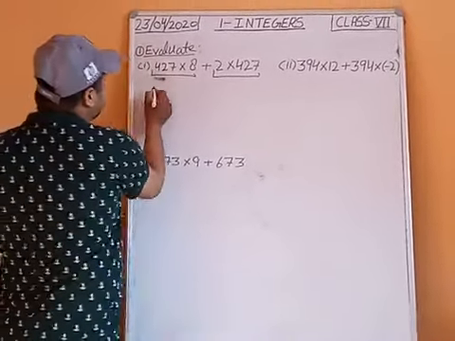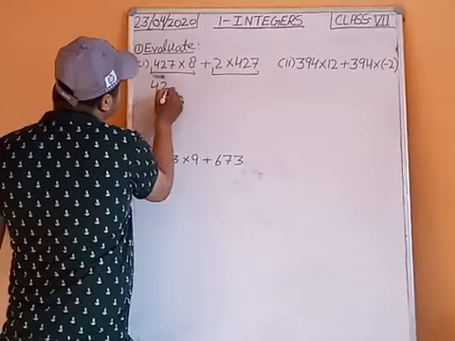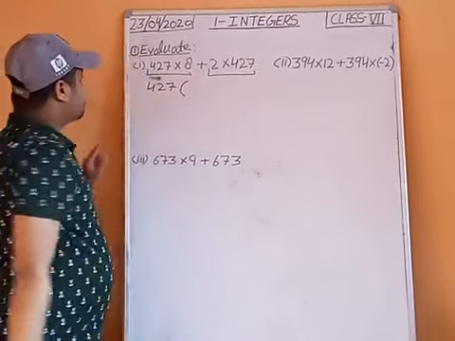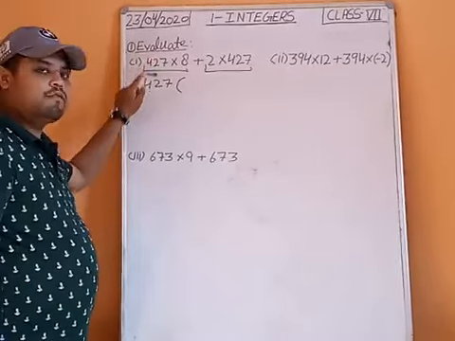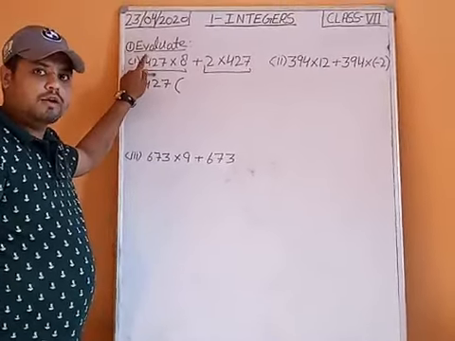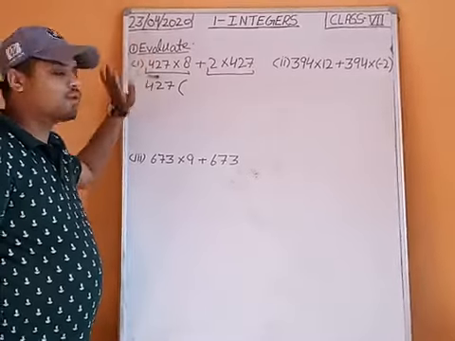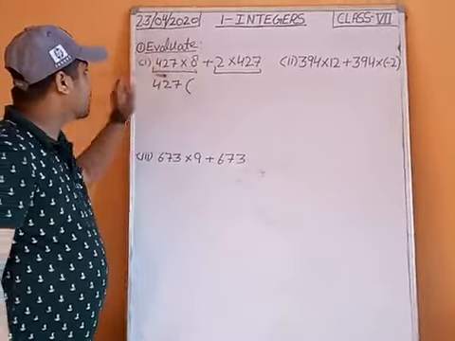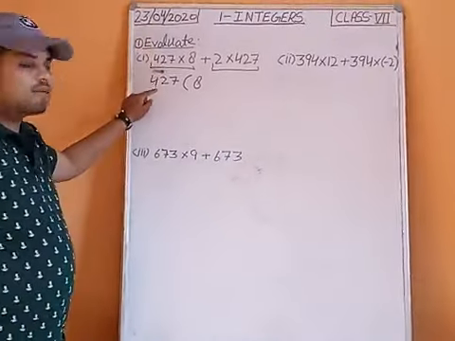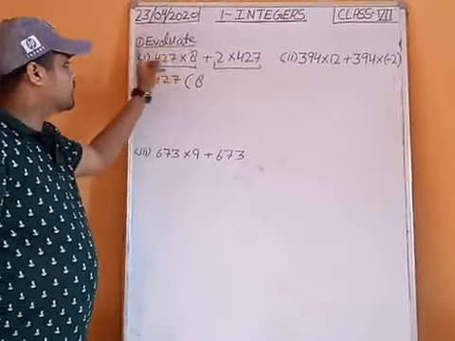So we will take 427 as common, then we will put a bracket. Now we will divide this portion by 427. 427 by 427 cancels, and 8 remains 8.